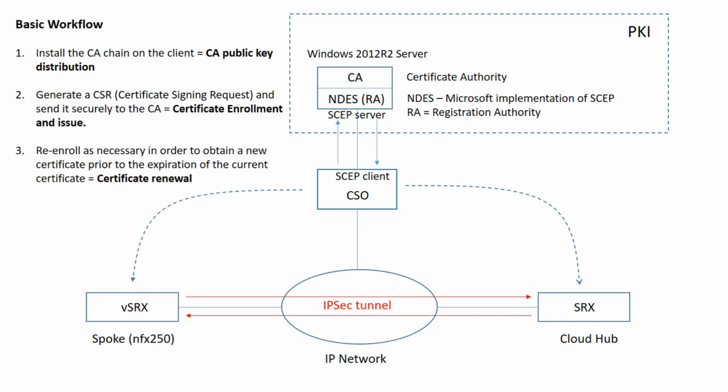So what happens here, there is no assumption that end devices have access to the CA. That means that everything certificate related needs to happen on CSO. CSO will be generating the keys.